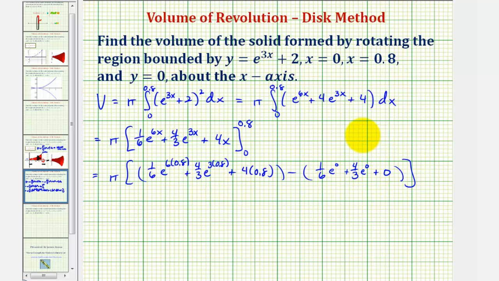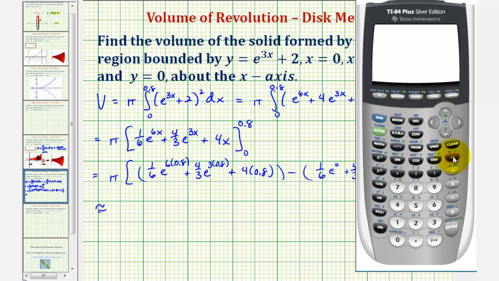Now let's evaluate this on the calculator. So we'll have pi, and then we'll have 2 open parentheses. Then we have 1/6 times e raised to the power of 6 times 0.8 plus 4/3 times e raised to the power of 3 times 0.8 plus 4 times 0.8, close parenthesis, minus the quantity.